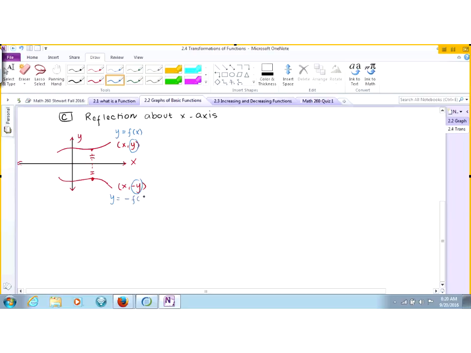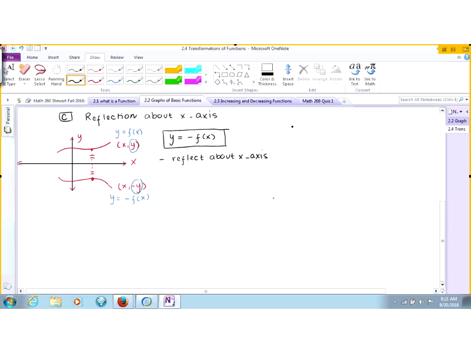This is y equals negative f of x. So this is reflection about x. By the way, where is the negative located? Is it inside the parentheses or outside? It's outside, so you know it will affect your y. Outside y, inside x.